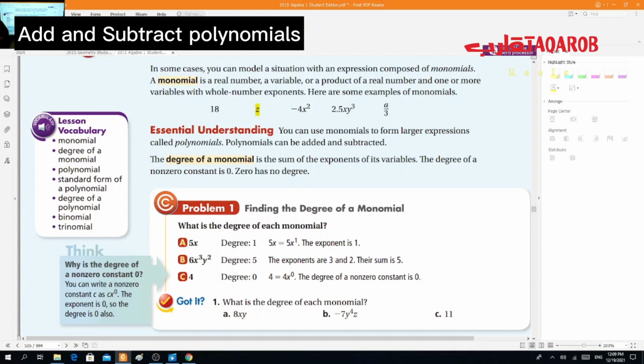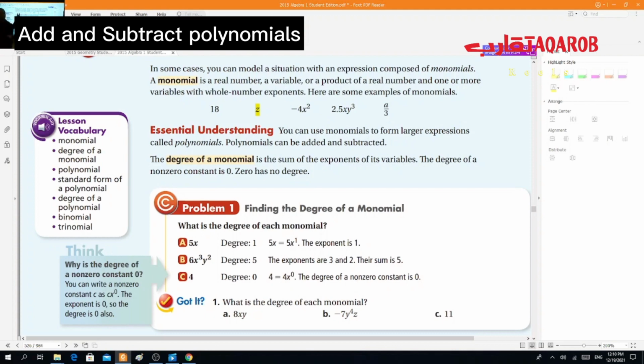What about 18? 18 could be a product of the number 18 and a variable that has an exponent of 0. If you remember in chapter 7, we said any real number or variable raised to the power 0 equals 1.